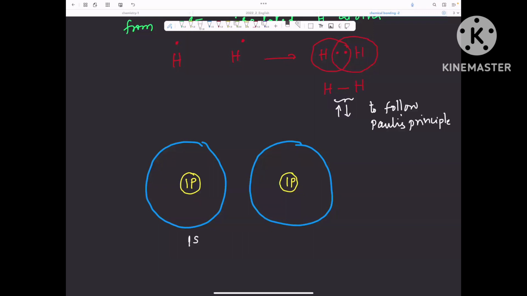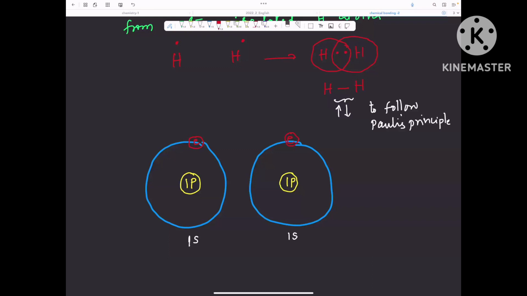This is a 1s orbital, and this is a 1s orbital, in which the electron has a chance of existing with a probability of 90 to 95%. Let us suppose our electron on average is in this zone, and here the electron is in this zone.